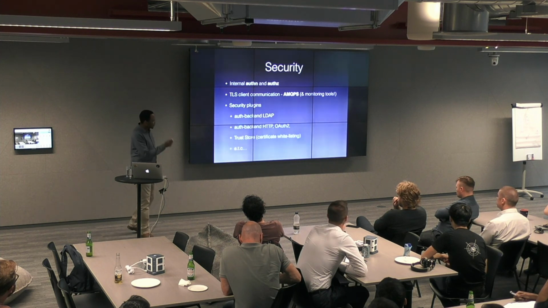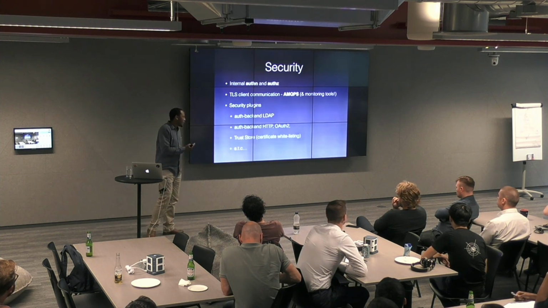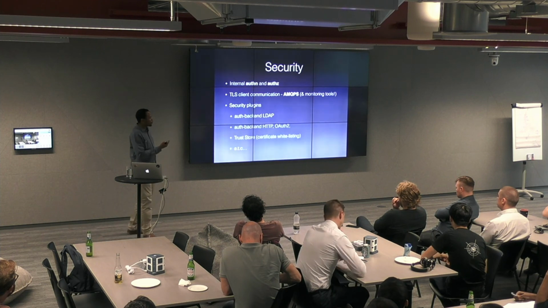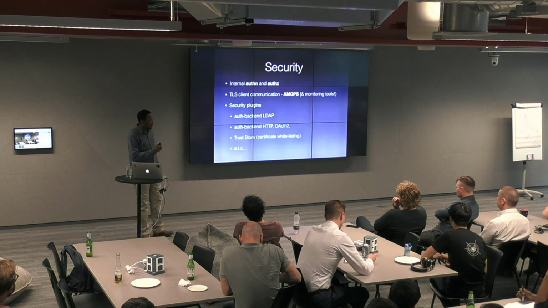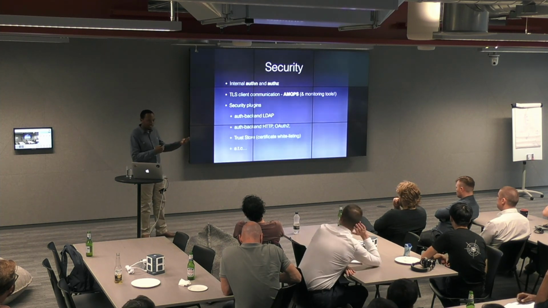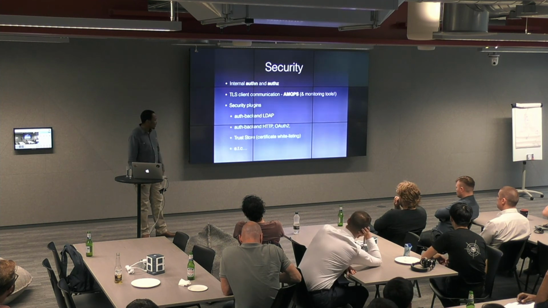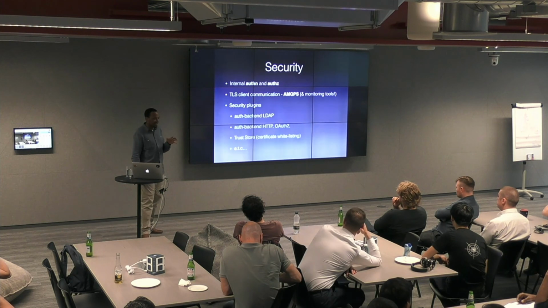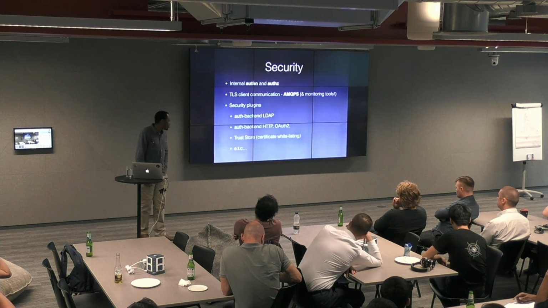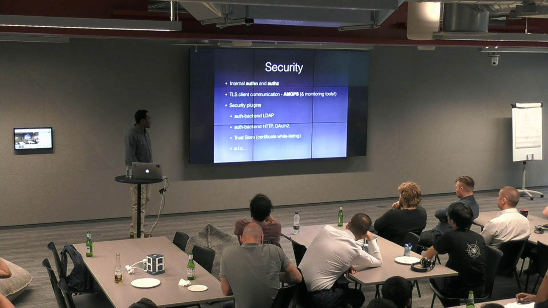So like the LDAP, which I've just shown you guys, you've got things like OAuth 2. You can authenticate to remote HTTP backends as well, right? And there's things like the trust store, which is pretty cool because you can whitelist certificates from your microservices. So yeah, there's a whole bunch of security features that you can manipulate within your broker.